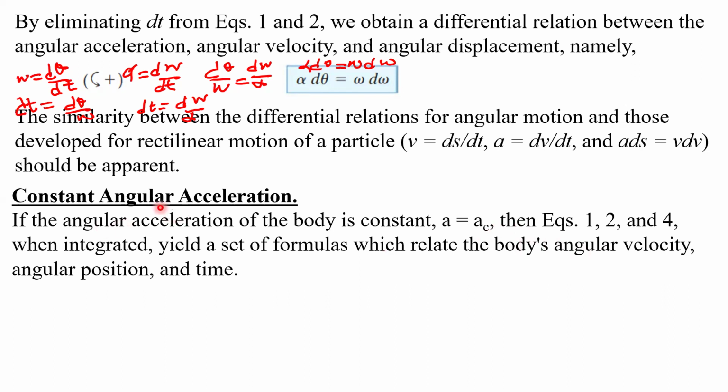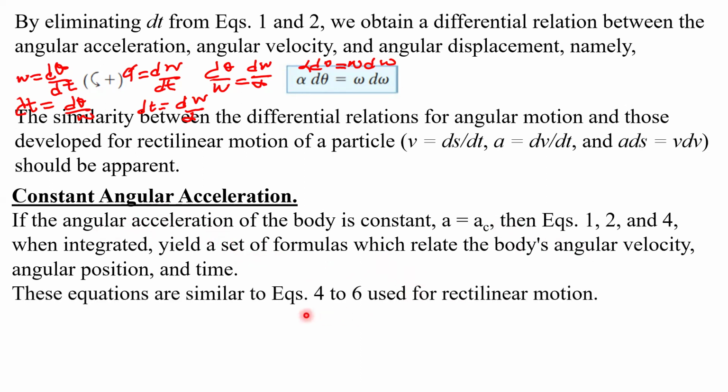Then all the equations, when integrated, yield a set of formulas which relate the body's angular velocity, angular position, and time. These equations are similar to the equations we have developed for rectilinear motion, the three equations of motion.